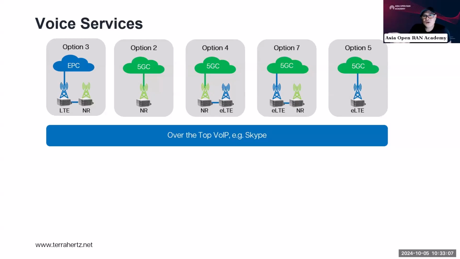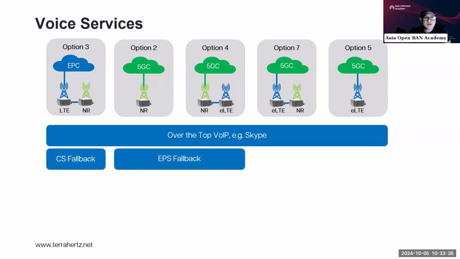So instead of calling using voice call, you use Viber because you have data, it's cheaper. So what happens is your usage of CS fallback, of the circuit switch, goes down. So some countries support voice services. Okay?